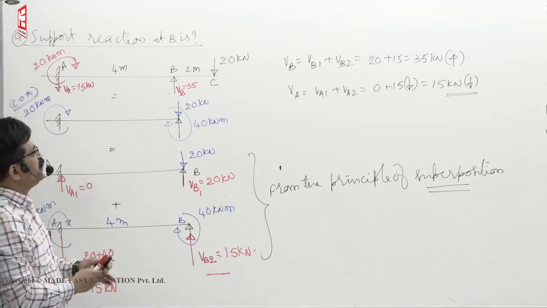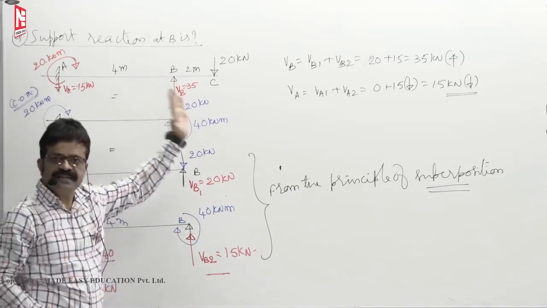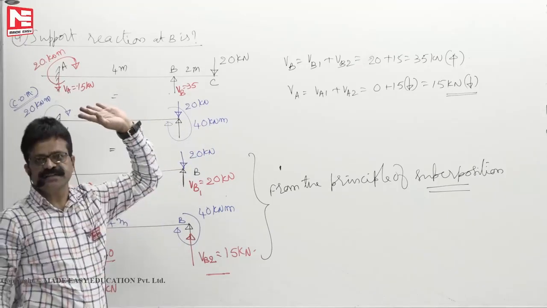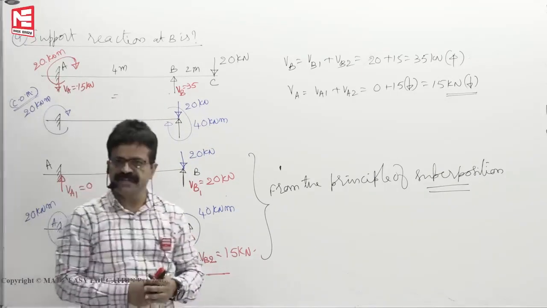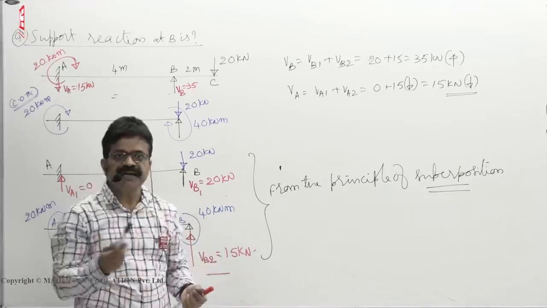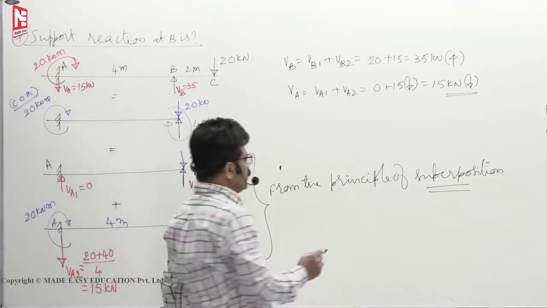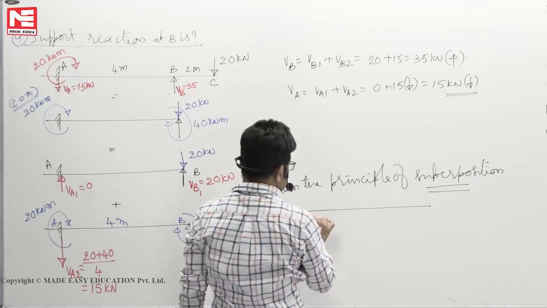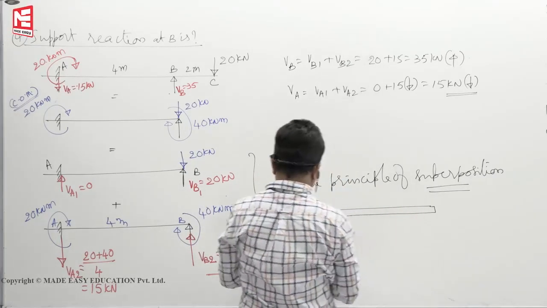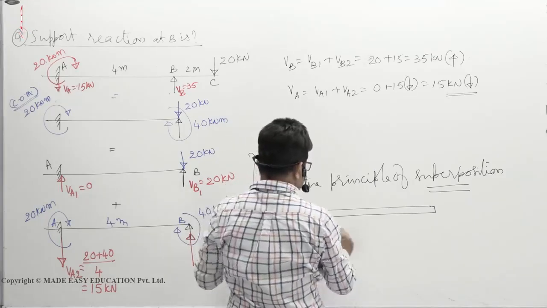Now you see, if at all you keep a support here, in that support more than the applied load reaction will develop. A similar situation will come in the design of steel structures where prying action will be there. Prying action means, supposing that we have a T section, this one plate.